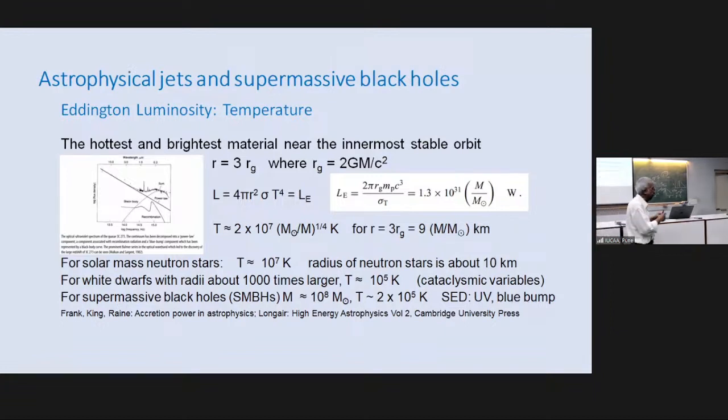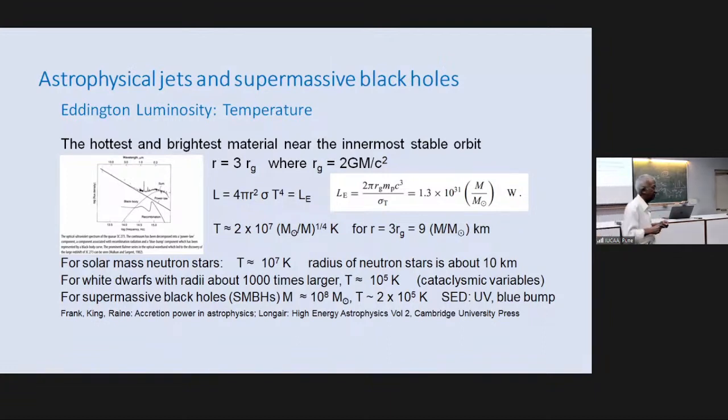But the spectrum doesn't exactly look like a black body, because each part of the disk is radiating at a different temperature, just like the sun is much hotter at the center than at the surface. Similarly with the accretion disk, if you look at the effect of gravity and how the matter is behaving, you find a much higher temperature closer to the black hole than outside.